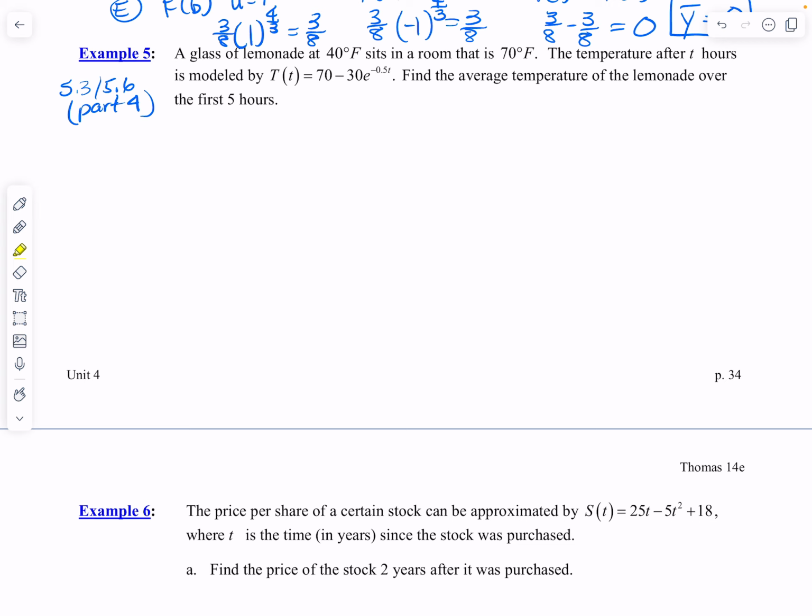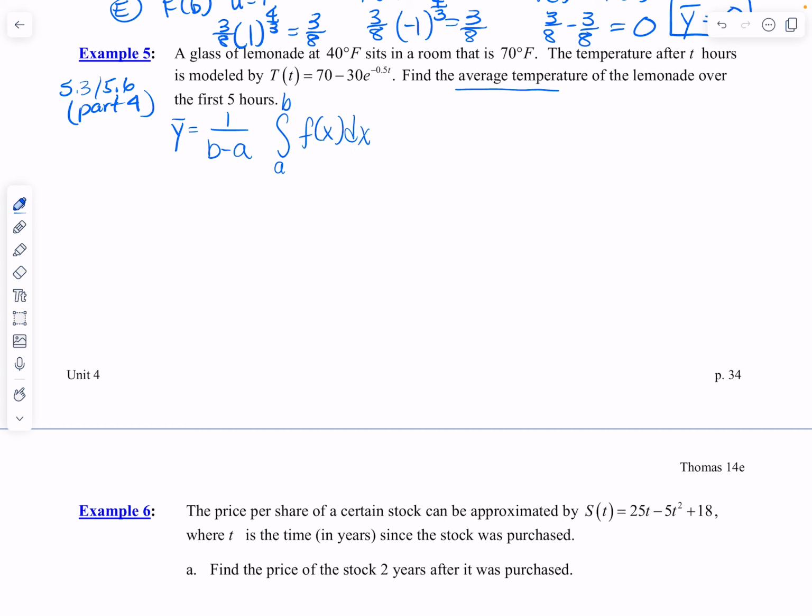Guys, we're almost done. You're more than halfway there. Because it says find the average temperature, we're going to use y bar equals 1 over b minus a, the integration from a to b of the function dx.